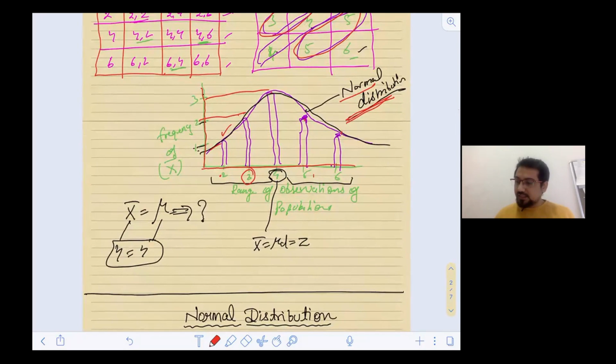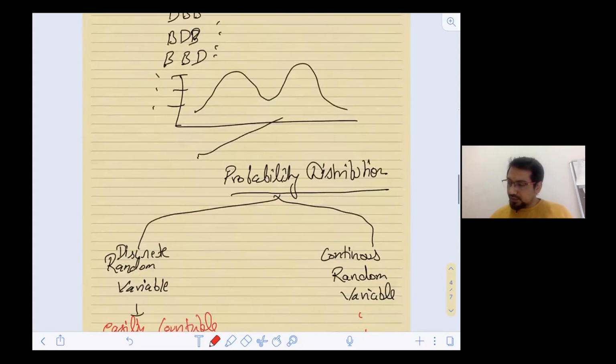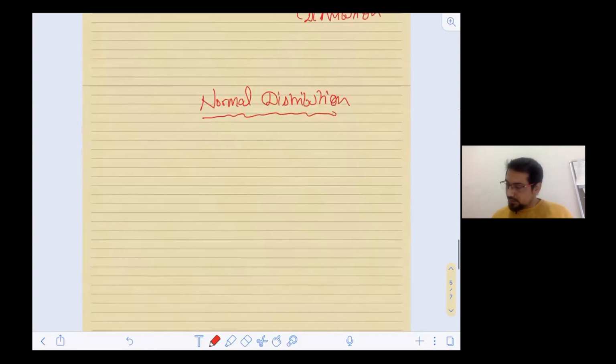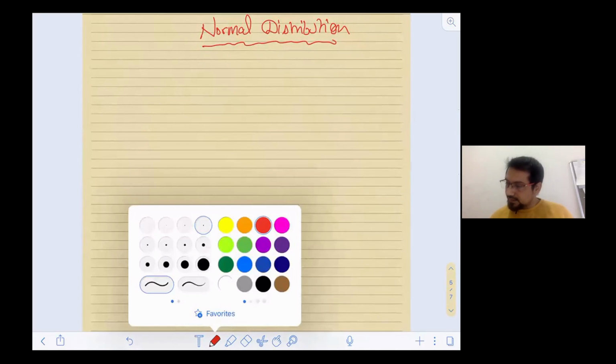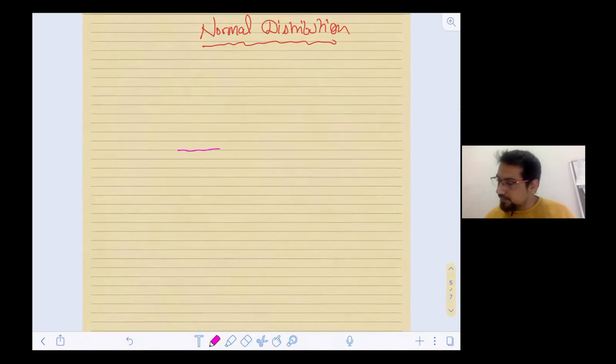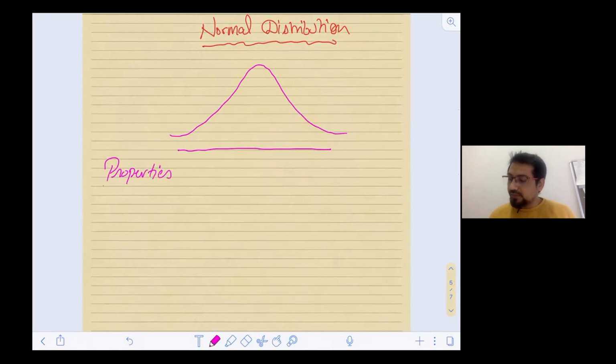So now you can see that the normal distribution curve looks something like this. Now let's understand the properties, and it would be very clear. Properties of the normal distribution curve.